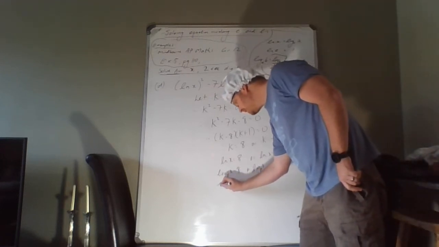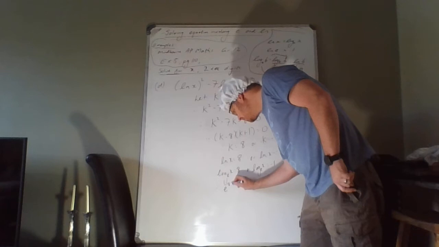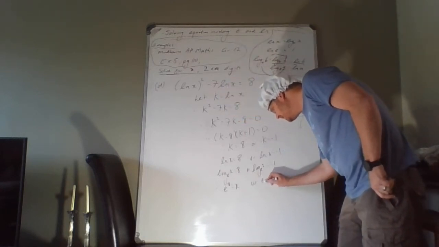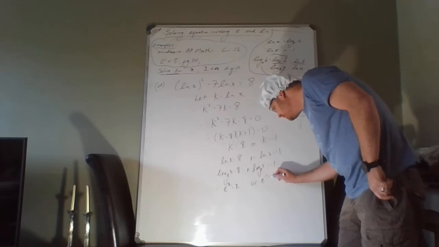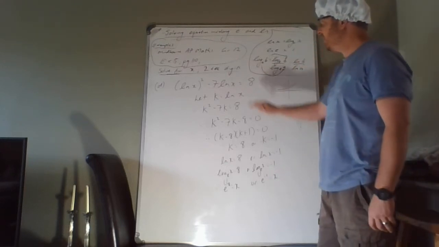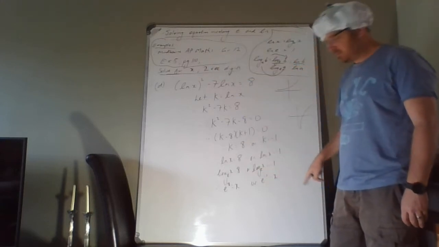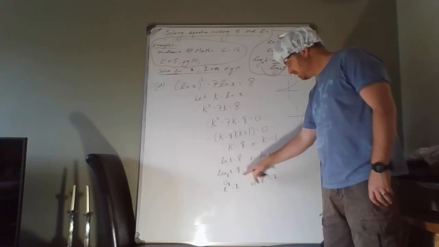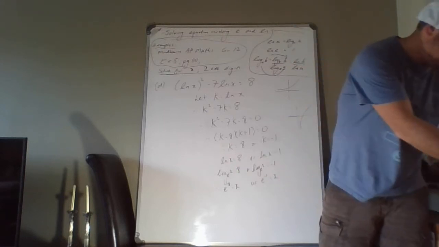So then this becomes e to the 8 is equal to x, or e to the negative 1 is equal to x. If they just said solve for x, again, you could leave it, it would be better to leave it in e form, but they said solve for x correct to 2 decimal digits. So go use your calculator and figure that out.